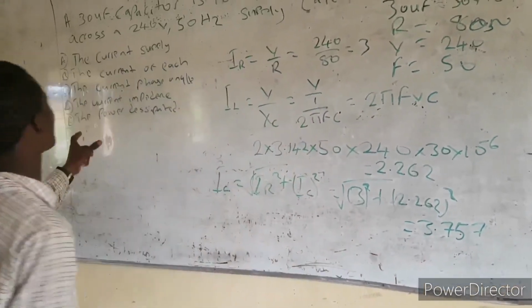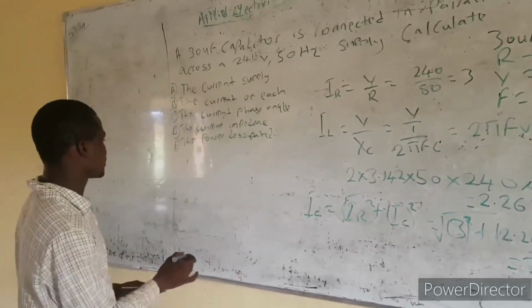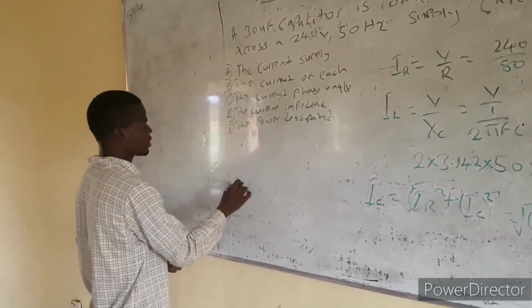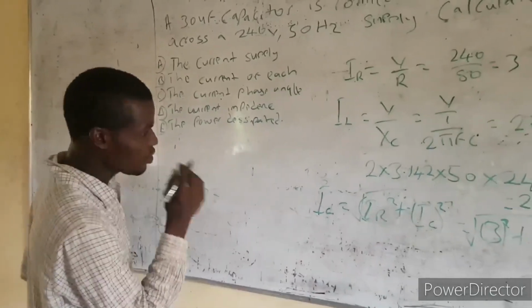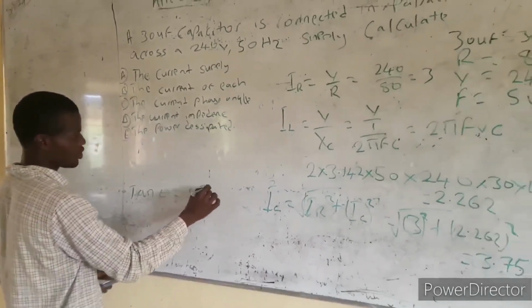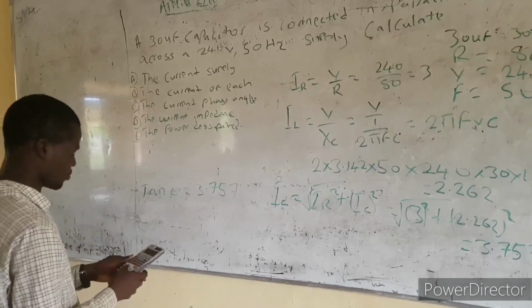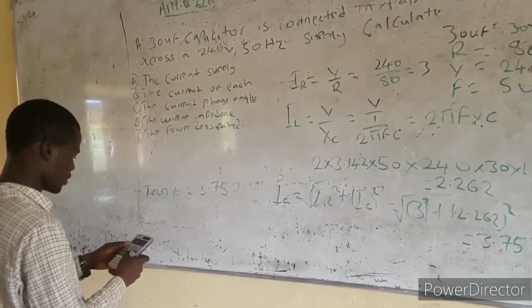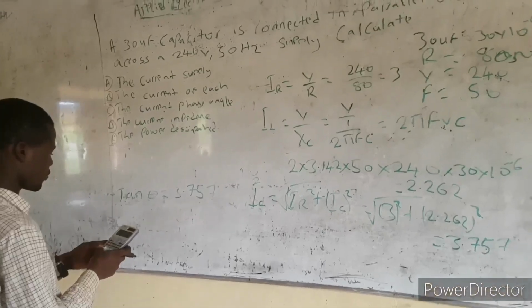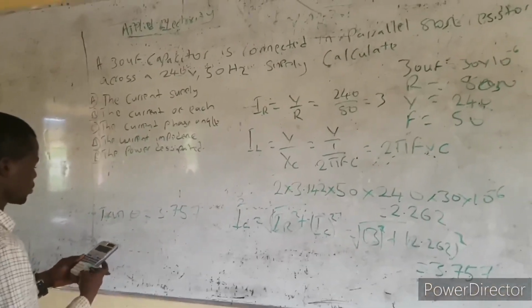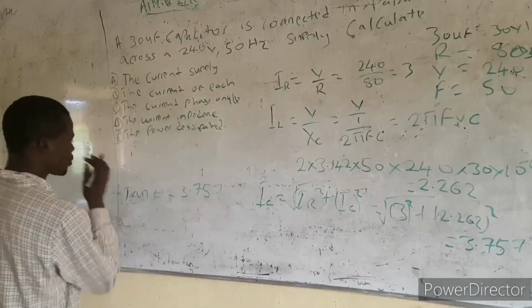Now they say we should also look for the current phase angle. The phase angle is theta, where tan theta equals 3.757. So we take the tan inverse.